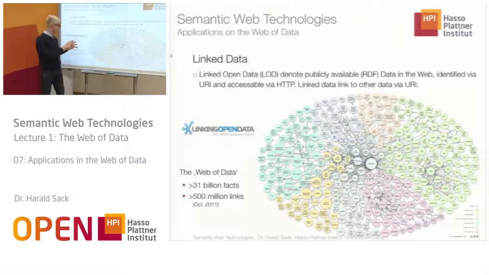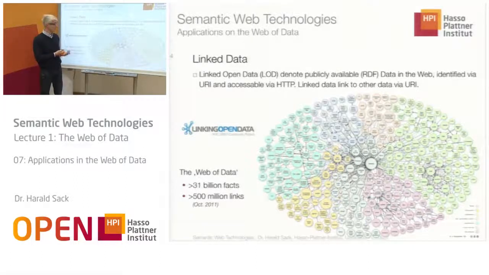There are billions of facts, actually 31 billion facts and more by 2011, with more than 500 million links among each other of facts that are grounded in knowledge bases and that are publicly available on the web, and they describe many different areas of information and of our daily life.